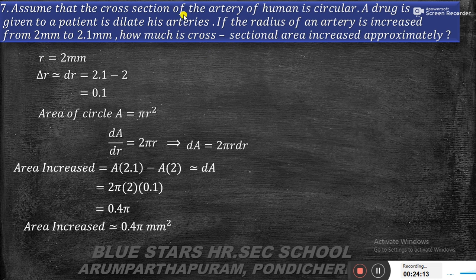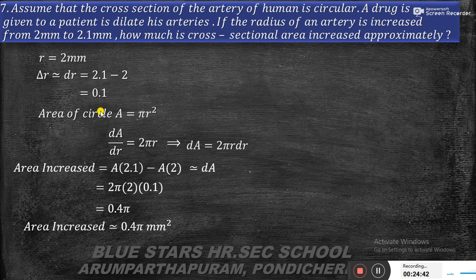The artery is circular in shape, the drug is given to dilate the arteries, and the radius is increased from 2 millimeter to 2.1 millimeter. So here r equals 2 millimeter and dr equals 2.1 minus 2, which is 0.1.